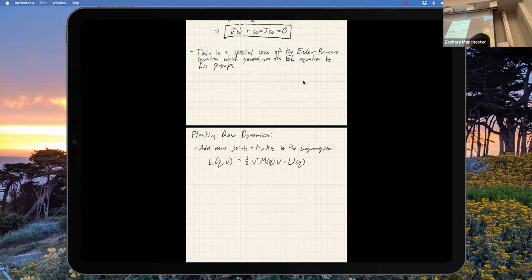We do the same playbook. We're going to write down the least action thing with a constraint for the quaternion kinematics. And then the rest looks totally the same.